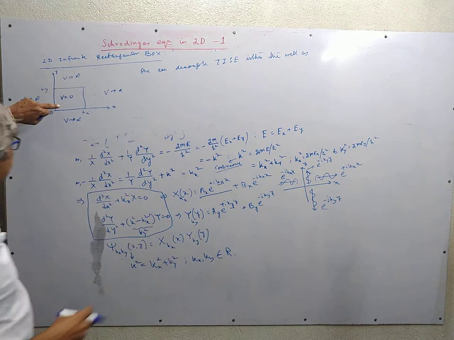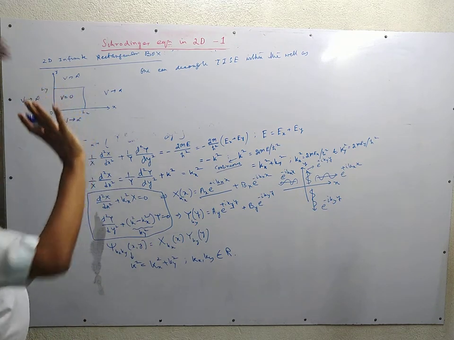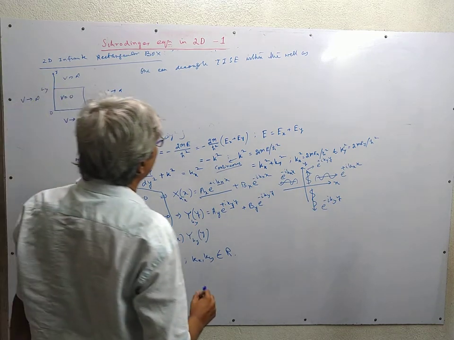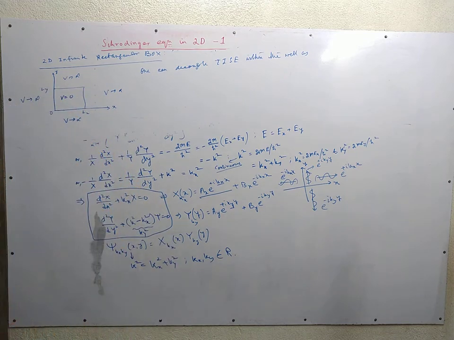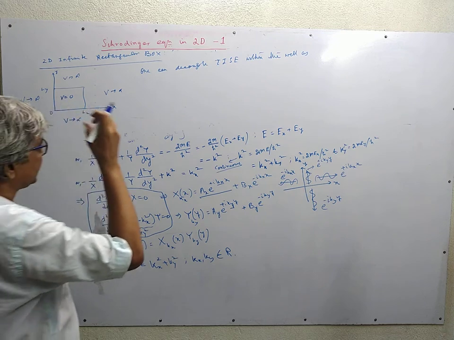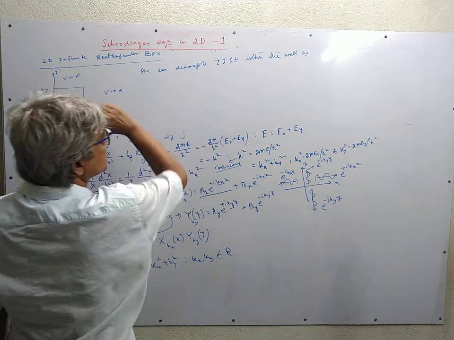We call it a rectangular well because Lx and Ly are not the same. If Lx and Ly happen to be the same, we would call it a square potential well.